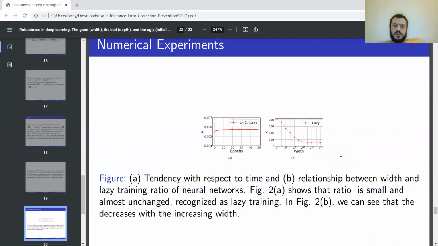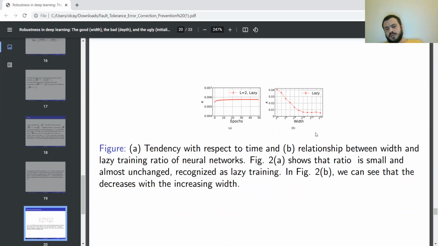And they later check this with the numerical experiments. So this is the general outline of the paper. They make some assumptions and they make some connections to other papers that I haven't looked at.